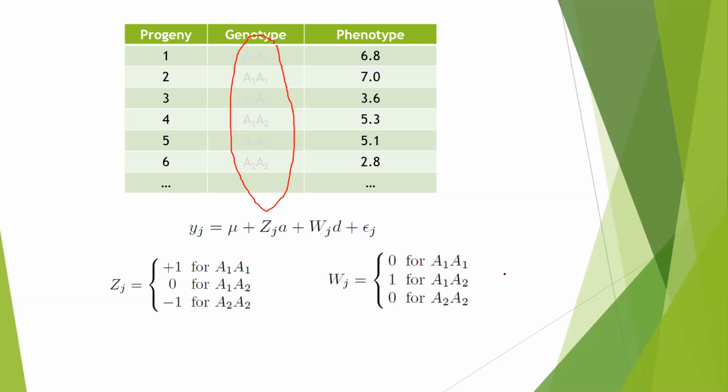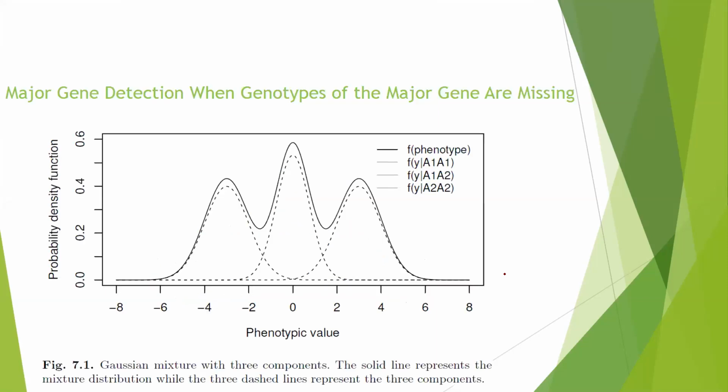That's one way we have learned before. However, even if that situation is not doable, can we still test the association between this locus with missing genotype and the phenotype? Yes, we can use the mixture model to do this.